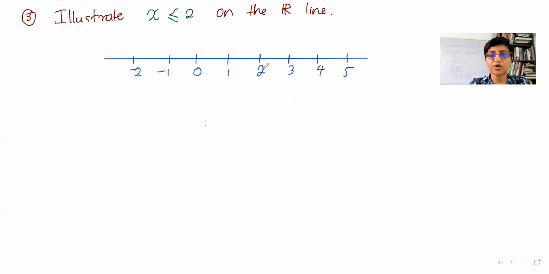So how do I show this? All real numbers that are less than 2, can be equal to 2 as well. So you would start with 2. Can be 2 means you circle it. And then any of all these. Right? And go this way.